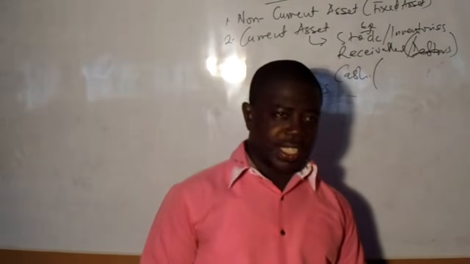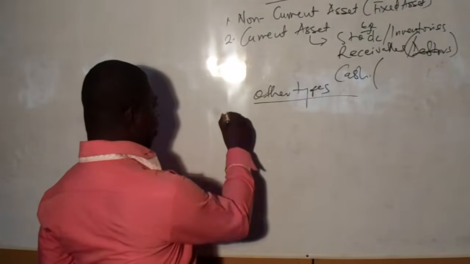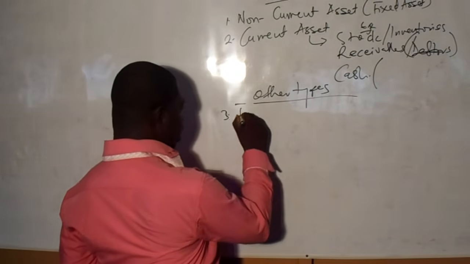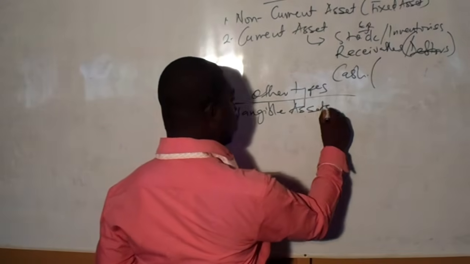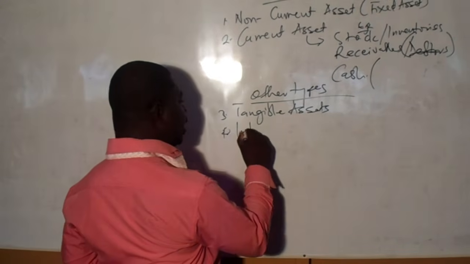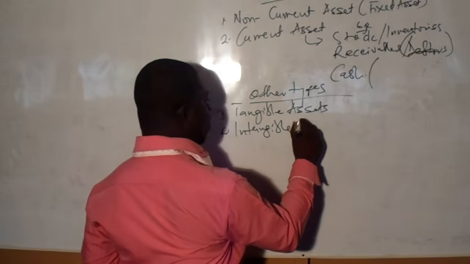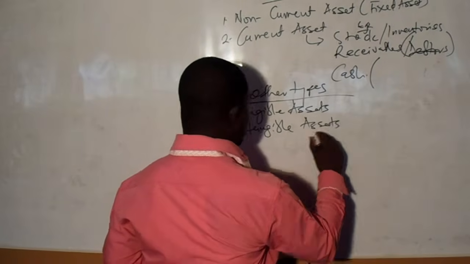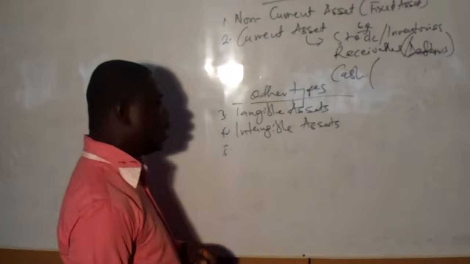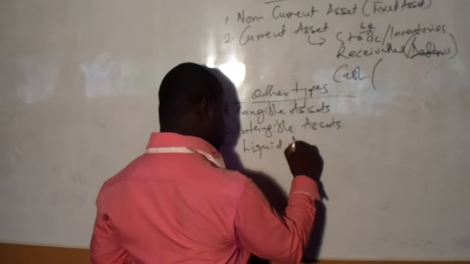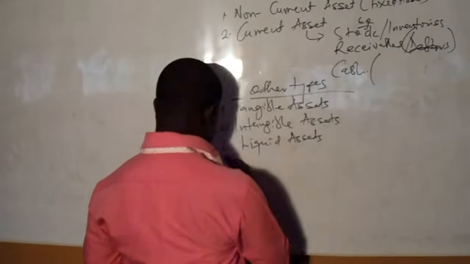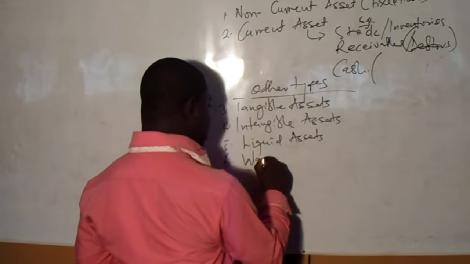Now, there are other types of assets that we can look at, like we can talk about tangible assets, and then we can talk about intangible assets. Then we can talk about liquid assets, and then we can talk about wasting assets.